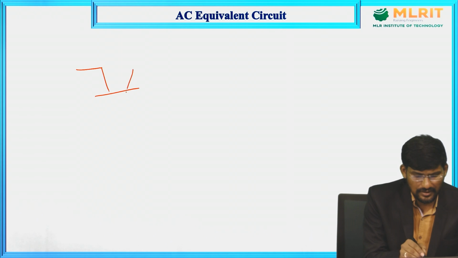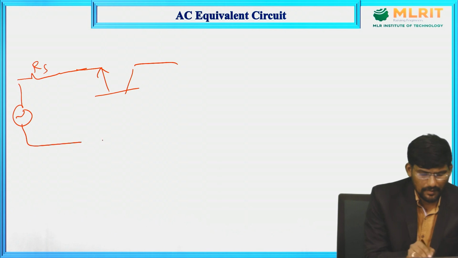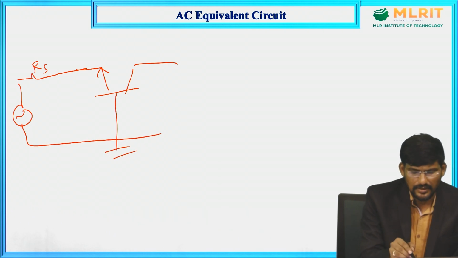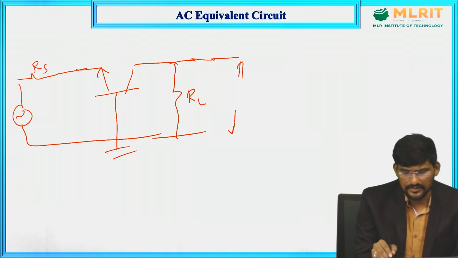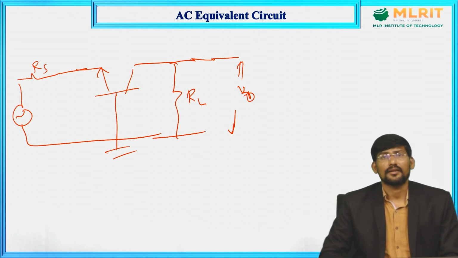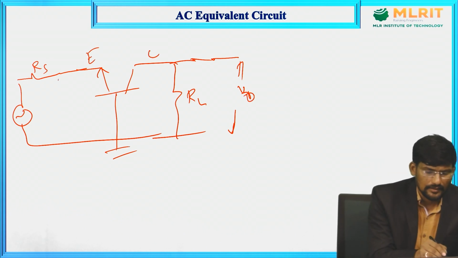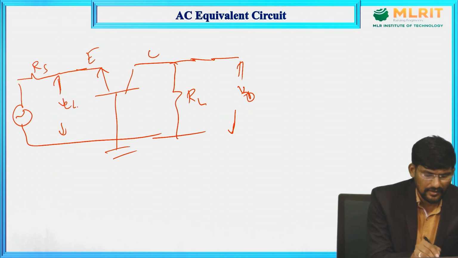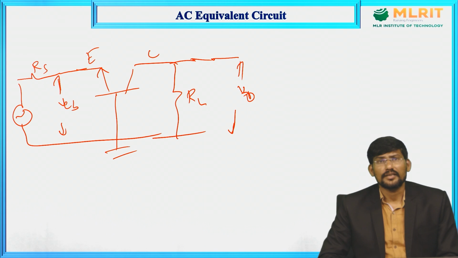Same transistor as it is, and we will consider Ci, that is input capacitance and output capacitance, as short circuit, and RL as it is. This is the AC equivalent circuit. V0, this is output we are taking across the collector terminal, and input is applied to the emitter terminal. The input voltage is VEB, and input current is emitter current, and output current is collector current.